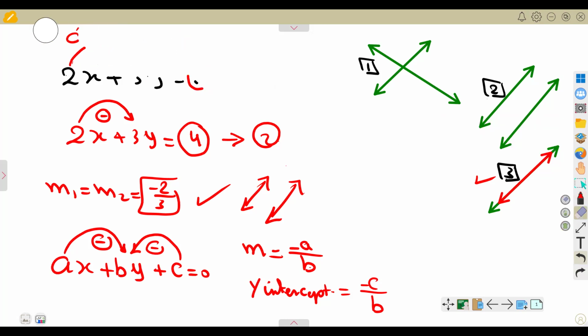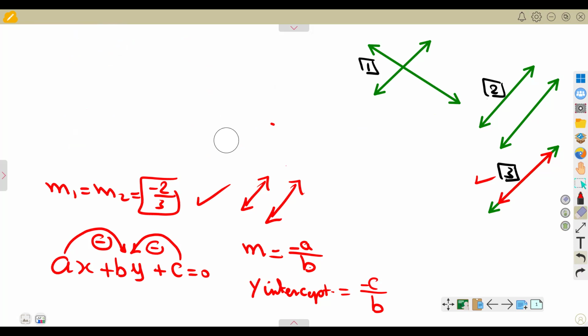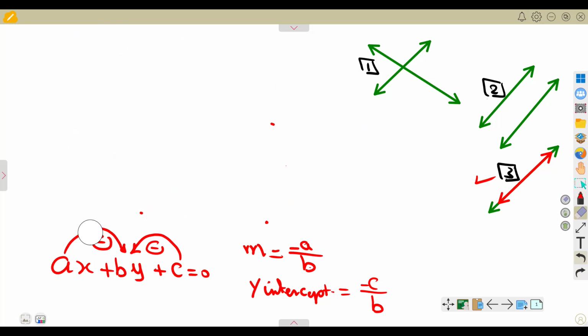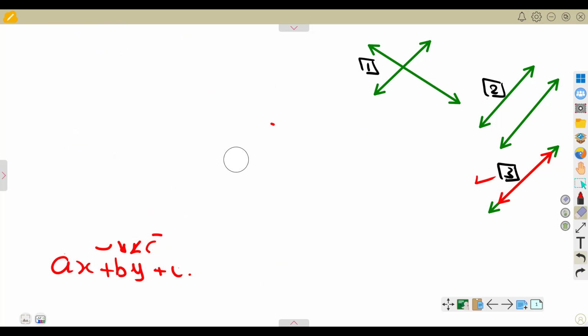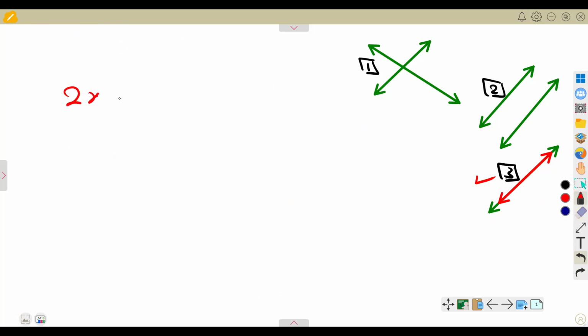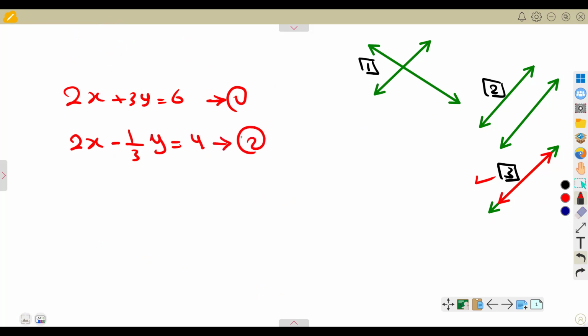What about this? What is the relation between these two lines? We have to get the slope.